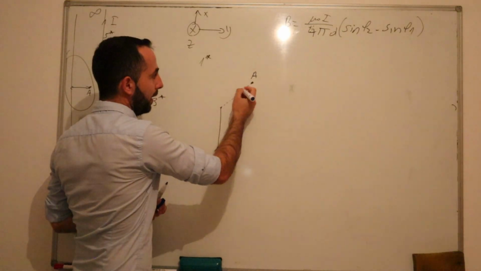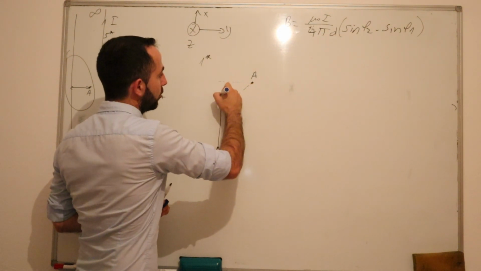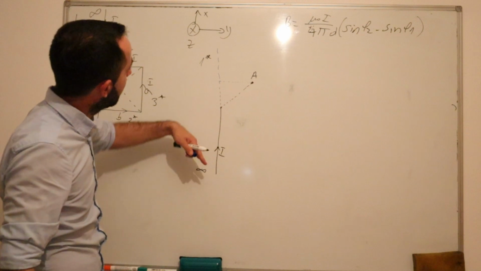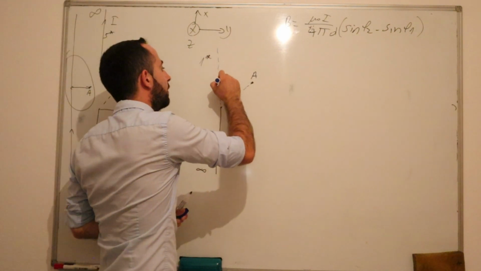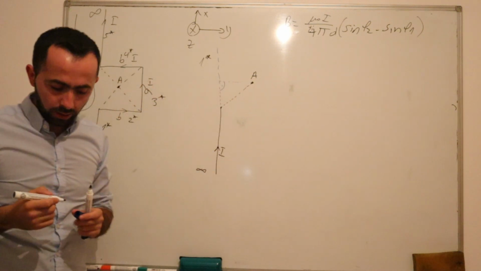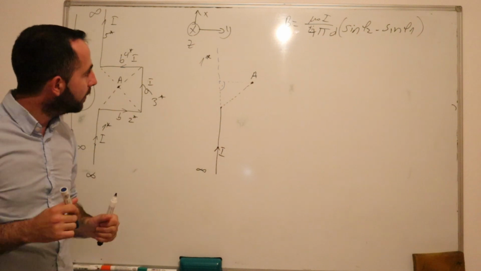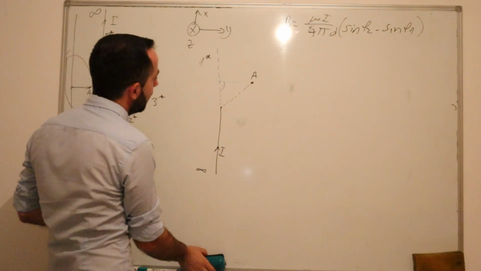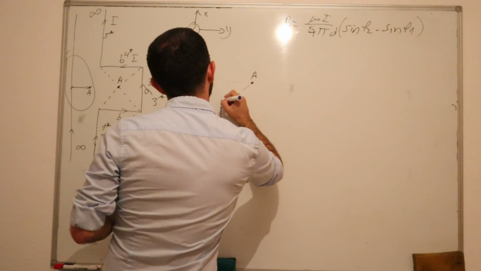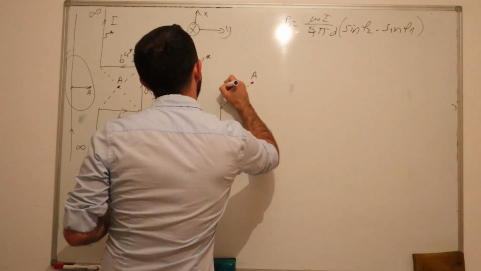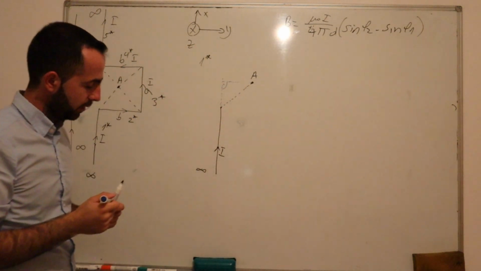So in order to be normal, we will have to imagine that this is our conductor. It does not end here, but goes further, so this is the right angle here. So I will draw. So this is the right angle.